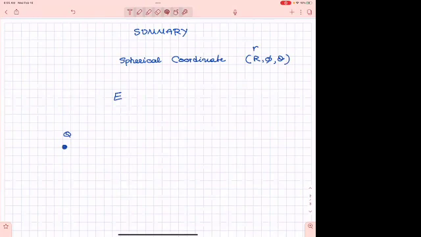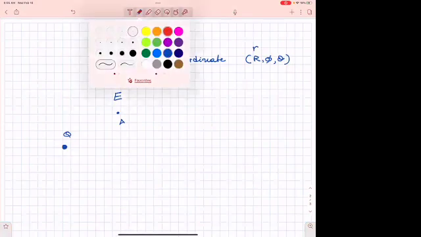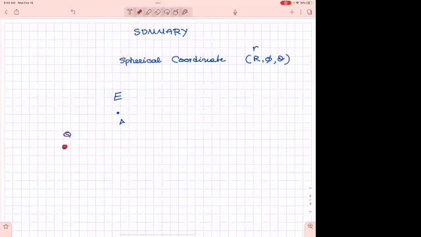If I go to this point A, what is going to be my direction of the electric field? Radial. Since the Q is going to be at the center of my system, E is going to have the radial direction, a sub R.